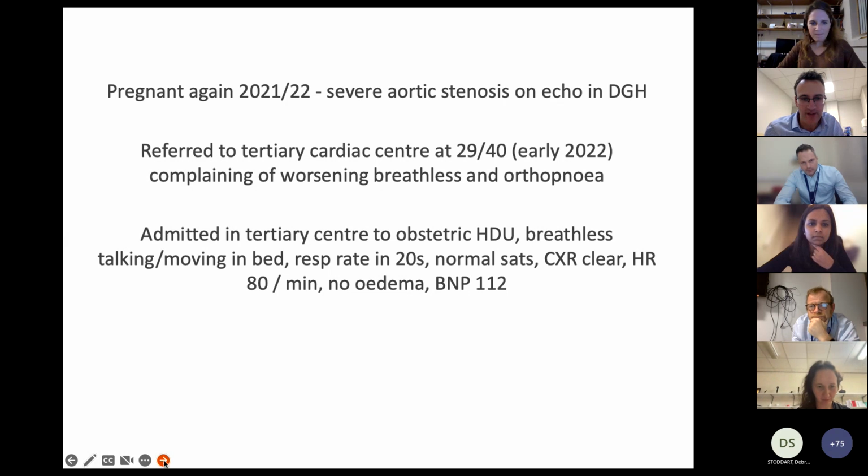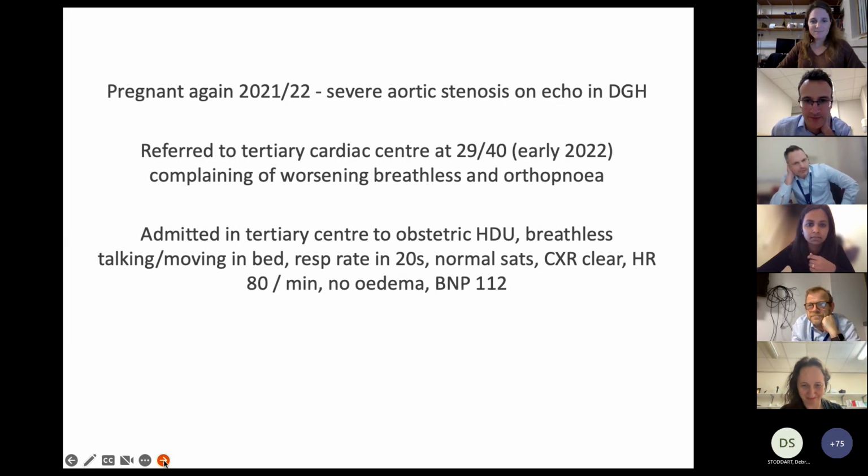I was expecting you to say that she had pulmonary edema and signs of heart failure, given the severity of shortness of breath. So that seems slightly out of context with the echo and the rest of the investigations. She has severe aortic stenosis on her echo.